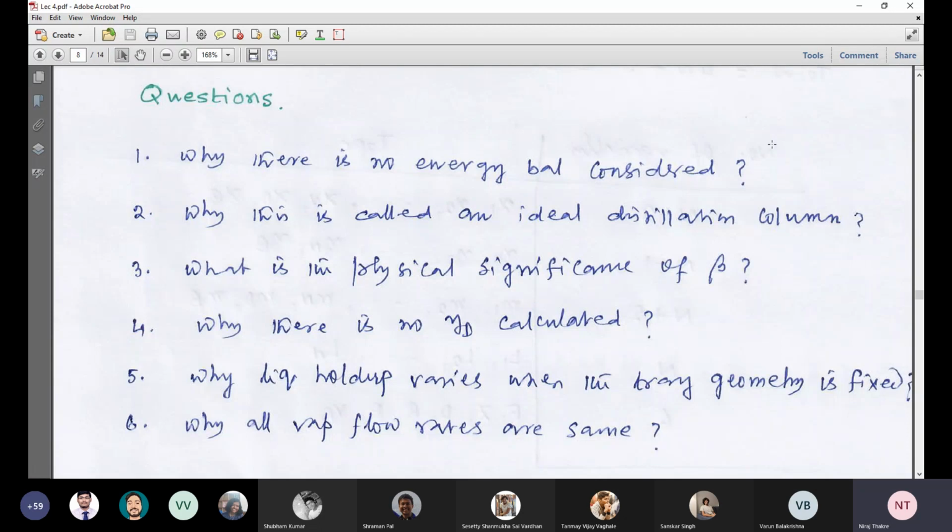Basically, I want a very specific answer. You see, in the assumptions we are considering... Yes, sir. When we assume that the same amount of vapor and liquid are condensing and vaporizing, we are essentially using an energy balance.